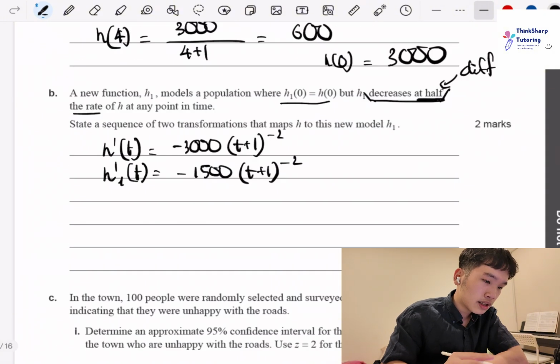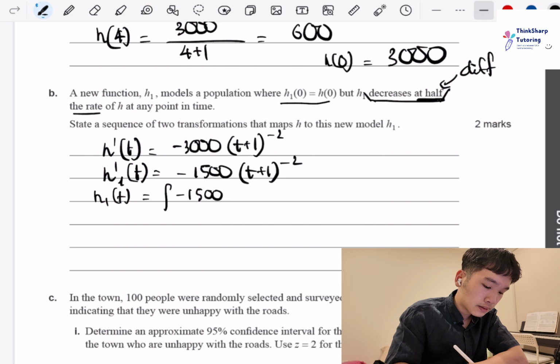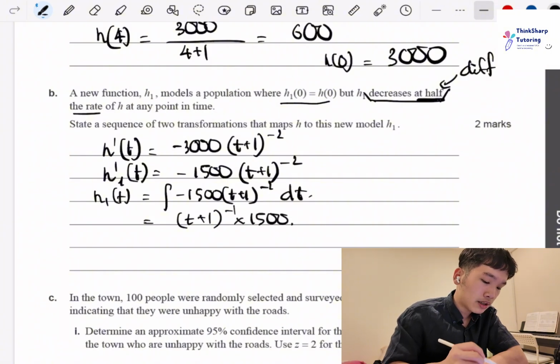So all we want to do next is integrate. So h1(t) would be the integral of this: (t plus 1) to the power of negative 1, and we want to divide by negative 1, so that is timesing by 1500, because the negative already cancels out. So negative 1500 over negative 1, that'll be 1500.